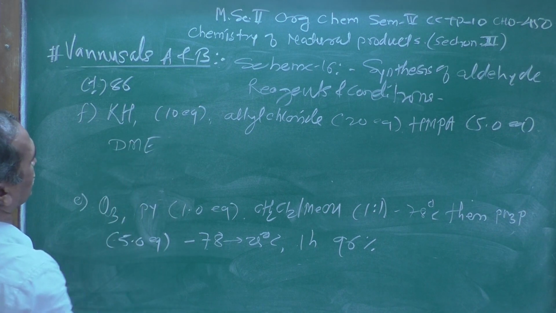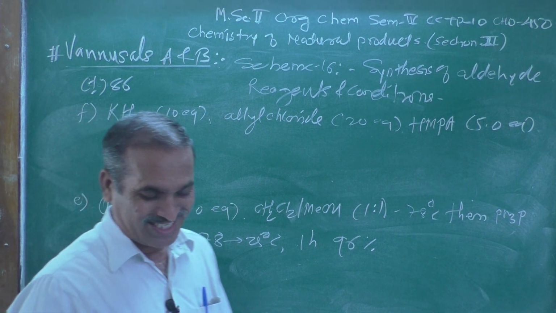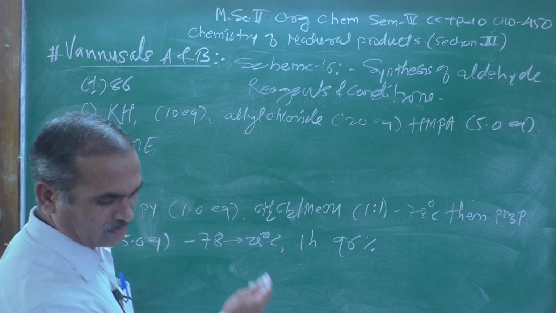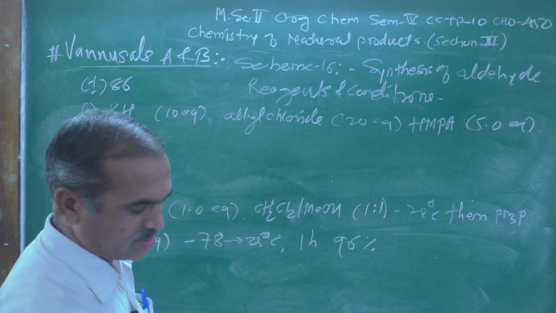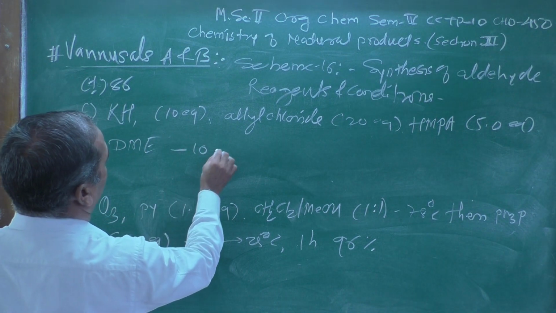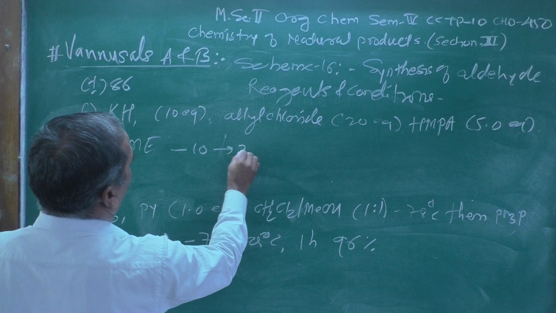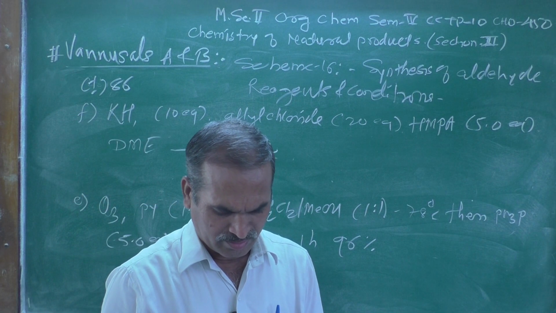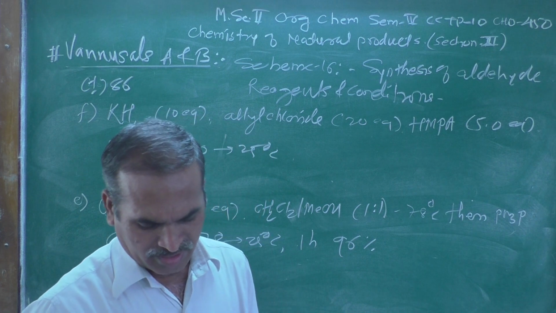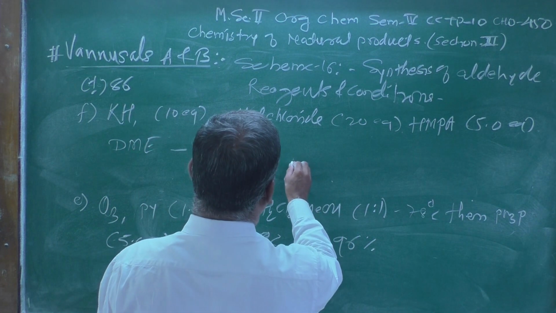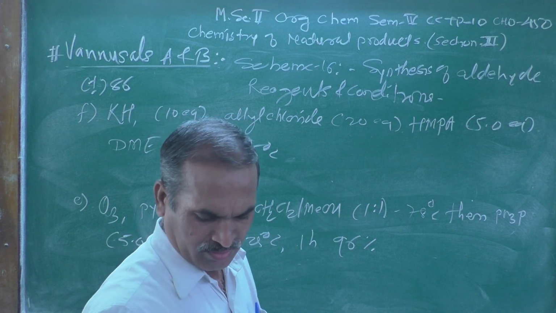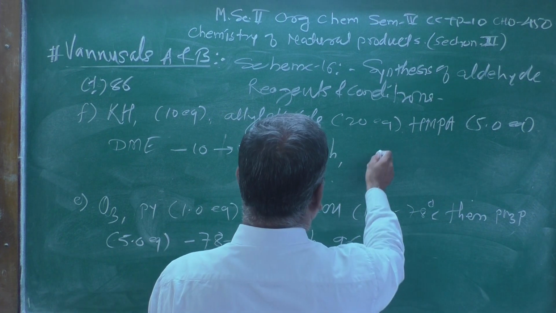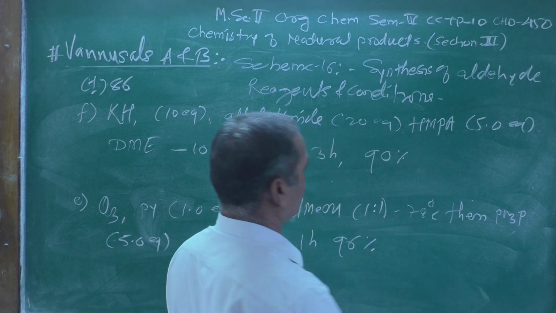DME is nothing but dimethoxyethane, and the temperature of the reaction was kept around minus 10 degrees to 25 degrees centigrade, and the reaction mixture was stirred around 3 hours, and the maximum yield obtained was around 90%.